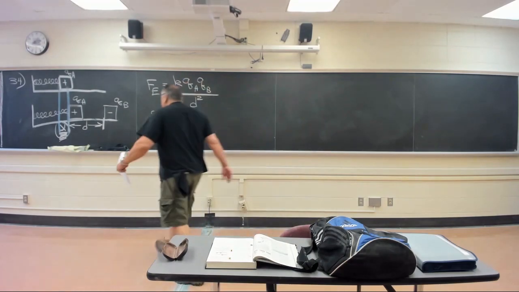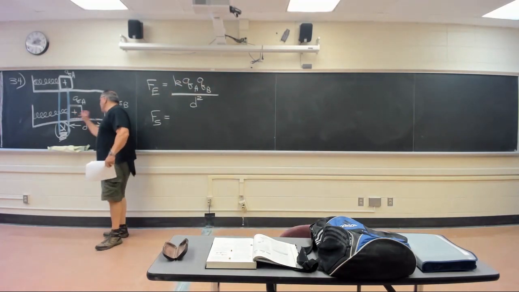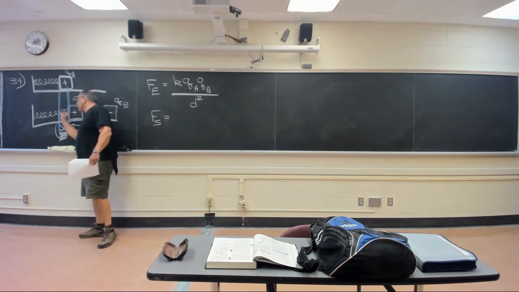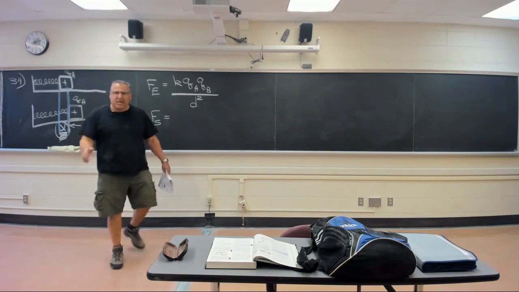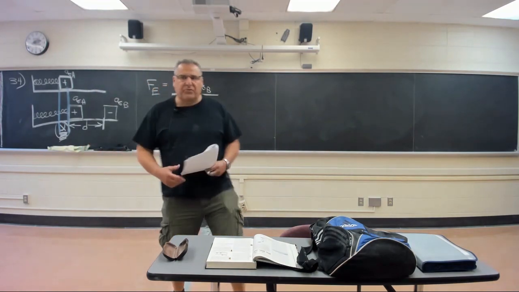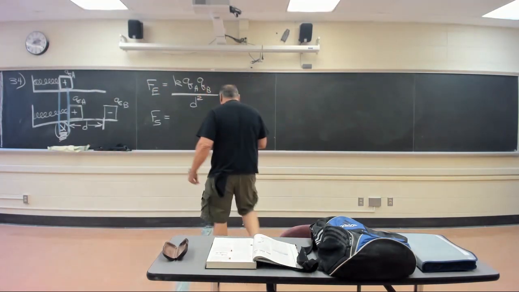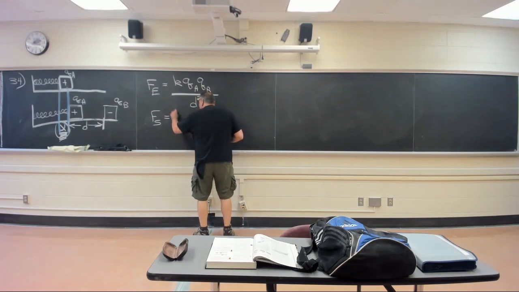There's going to be an attractive force holding these two guys in place where they are, because there is a force associated with the spring pulling in the opposite direction that is equal and opposite to the electric force. If we know they're equal and opposite, let's not worry about signs too much. This is the K of the spring. This is the K associated with 1/4 pi epsilon naught.